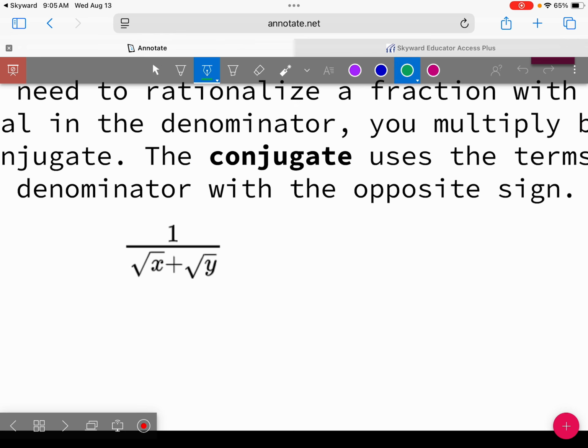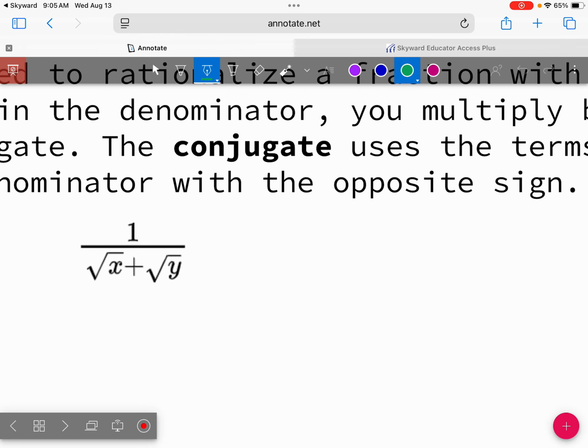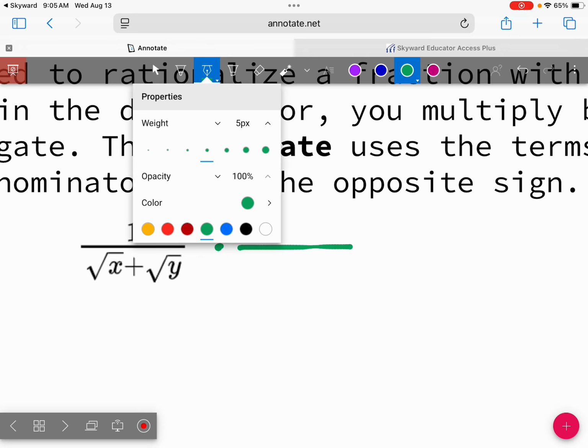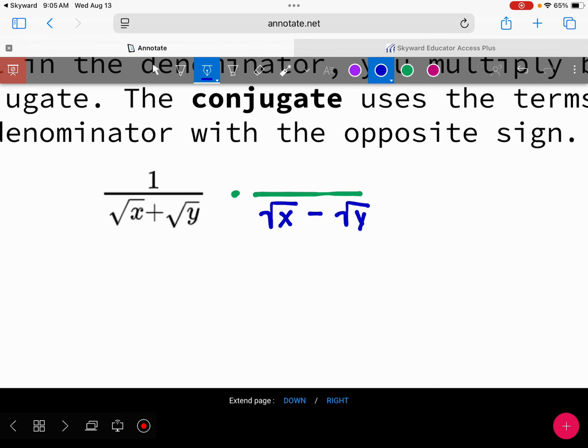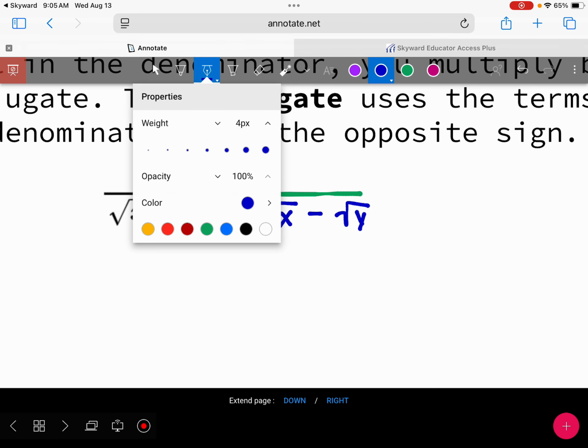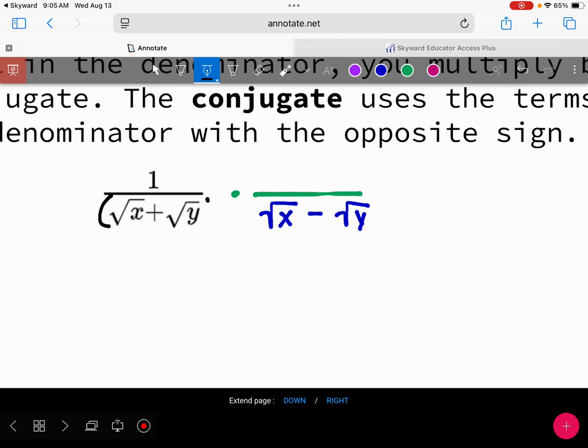And when we are creating the conjugate, what that means is we take the exact same pieces, where we have our square root of x and our square root of y, but instead of using the exact same sign, we use the opposite sign. What that does is force these two pieces to be a complete the square so that we wind up with no radicals in our denominator.